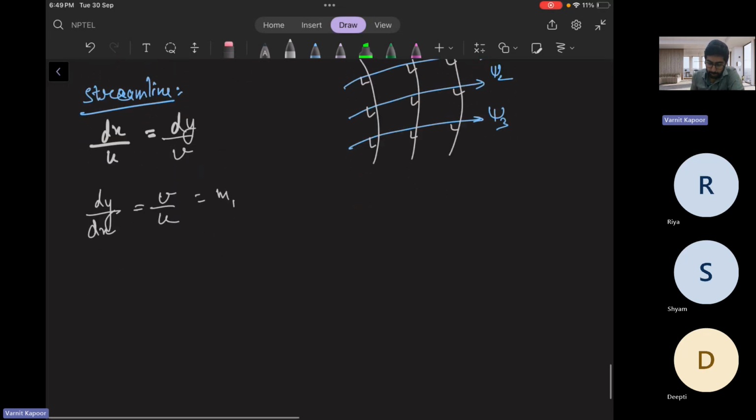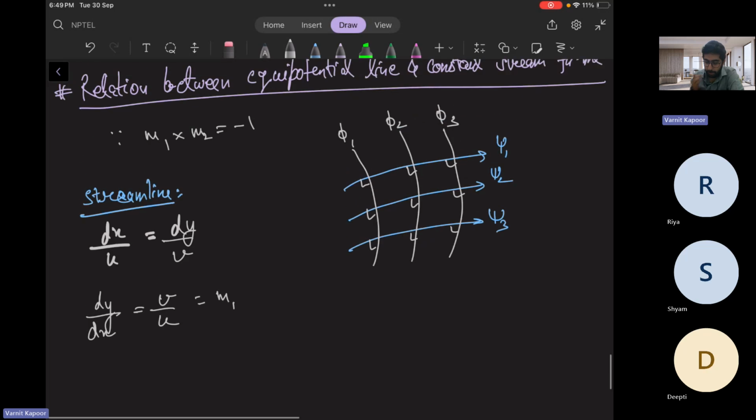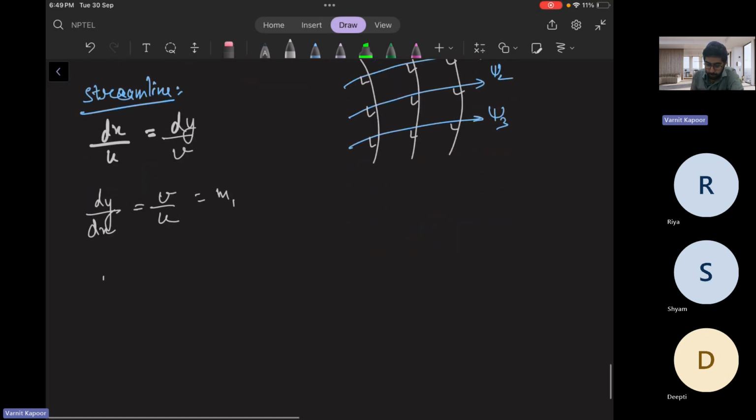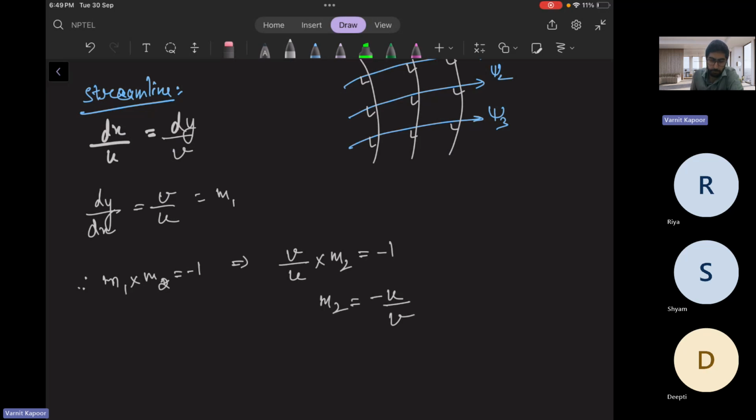And because both are perpendicular to each other, phi lines and psi lines are perpendicular, m1 times m2 is -1. This implies v by u into m2 is -1, so m2 is minus u by v.